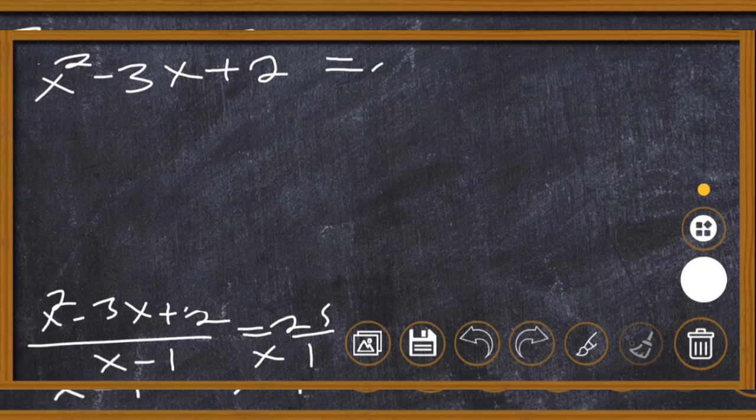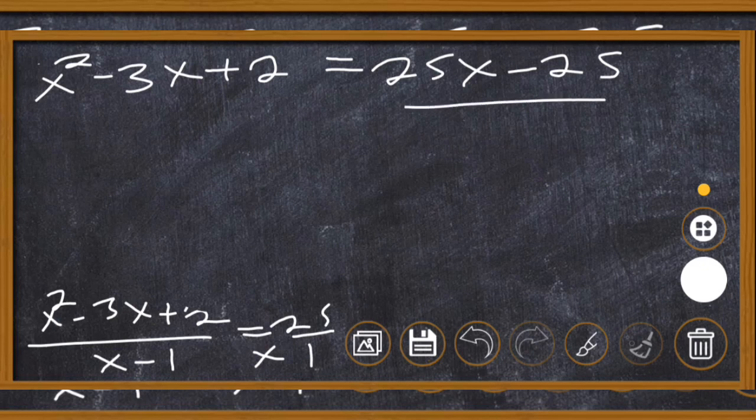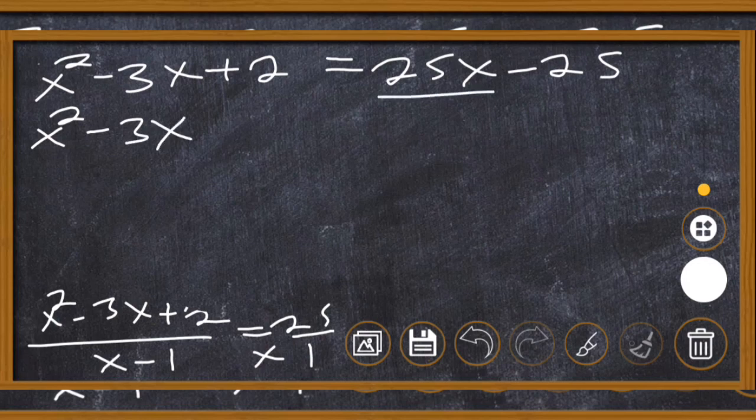It's 25x. Then 25 multiplied by negative 1 here, it's negative 25. Okay, so let's take these values to the left side. So we're going to have x squared minus 3x. When this positive 25x comes to the left side, it's going to be negative 25x.